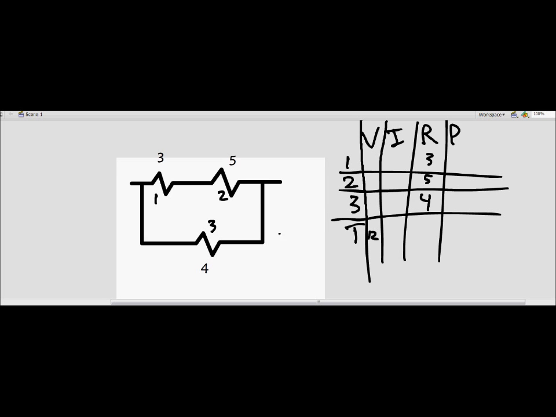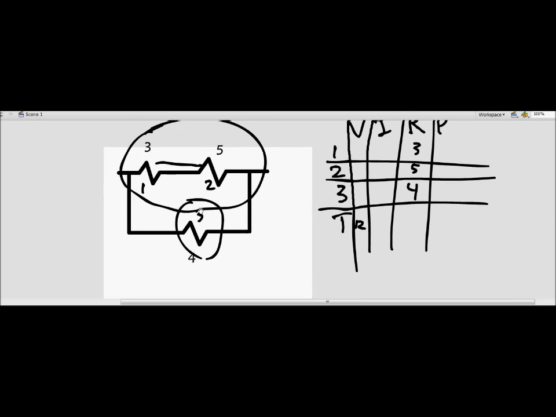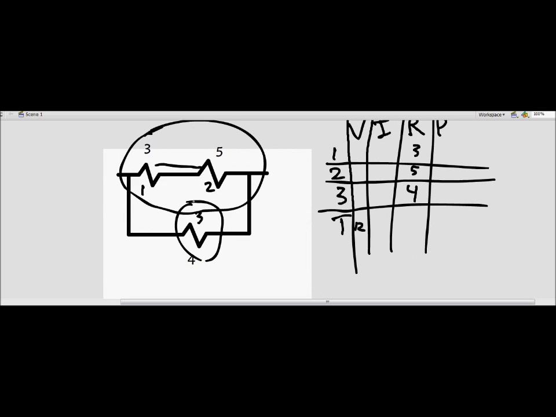And so we know that there is a parallel circuit going on here because we've got a resistor down here and resistors up here. But these resistors are currently in series with each other. And so what we need to do is basically find the total resistance for the two of these individual resistors, so we can make it look like there's only one resistor on the top.